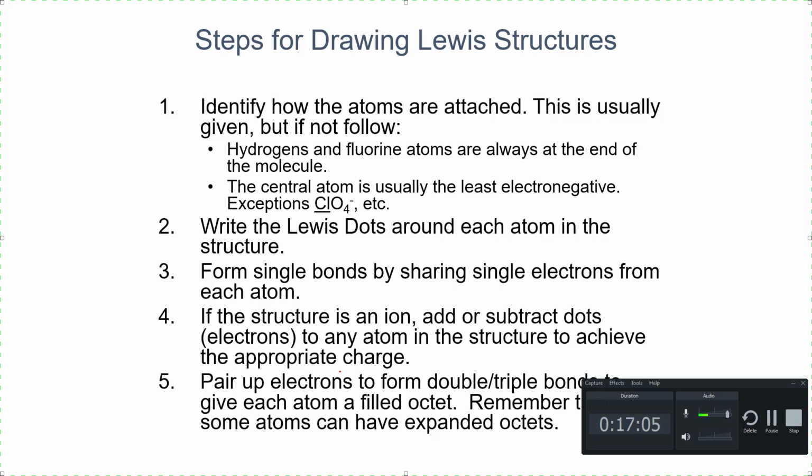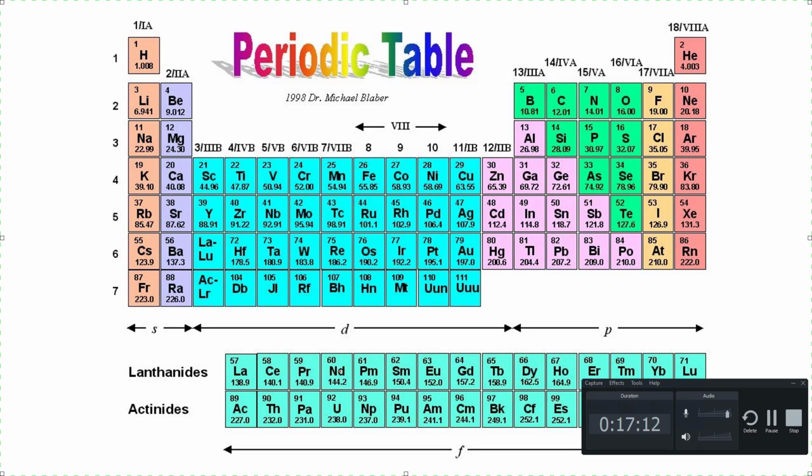So you can use those rules as we go through, and we'll do some examples, and I'll ask you to draw a couple of examples as well. So remember, on the periodic table, the number of valence electrons for each element is given by its column number. So over here, this is 1 valence electron.